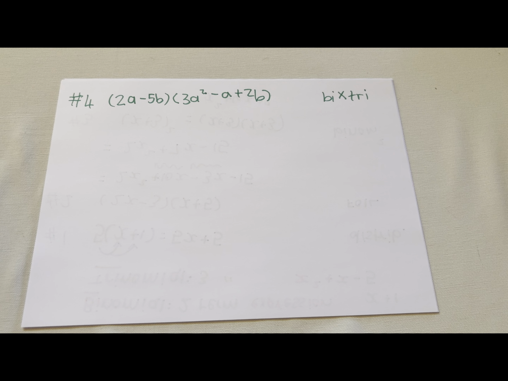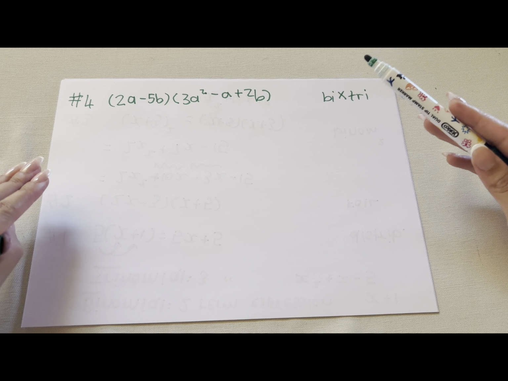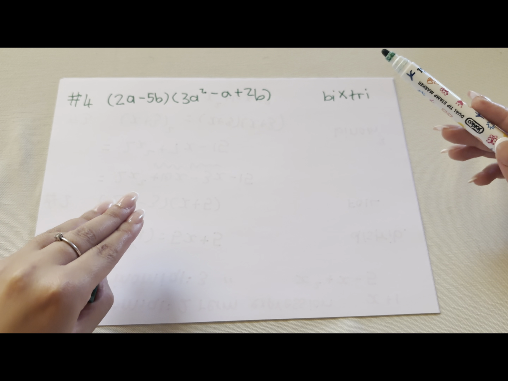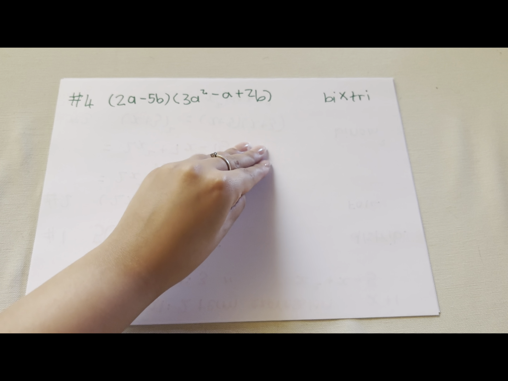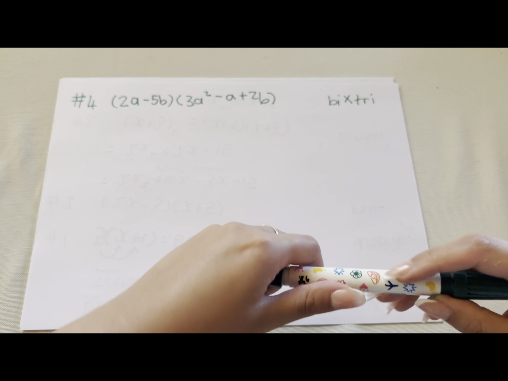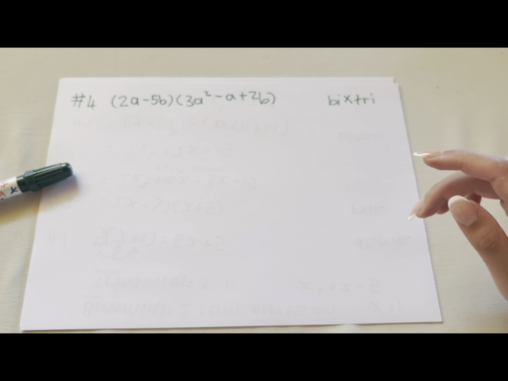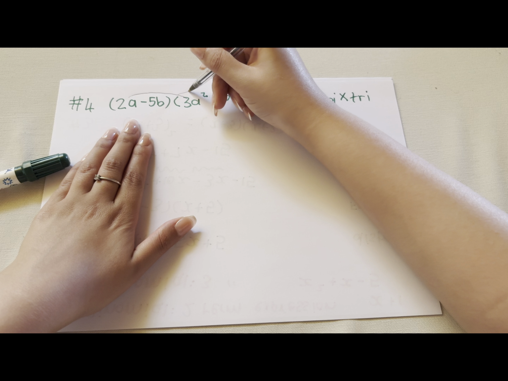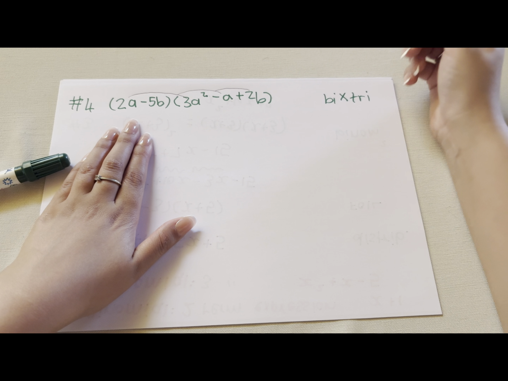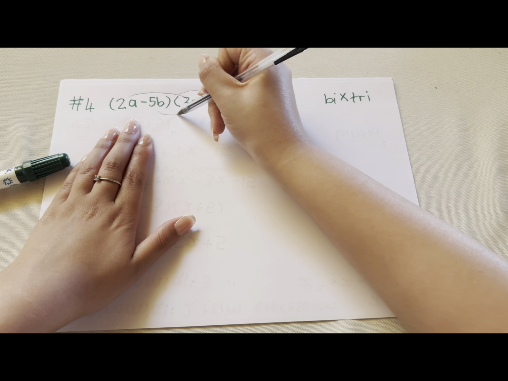I've written it down. With a binomial and trinomial, your job is to make sure that each term in the first bracket gets multiplied with each in the second bracket. Okay, so this might look a little bit messy, but just have a look here. You'll take the 2a and you're going to distribute it accordingly with all 3 over here, and then you're going to do the same with the second term.